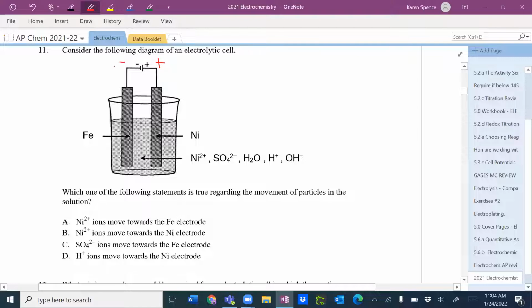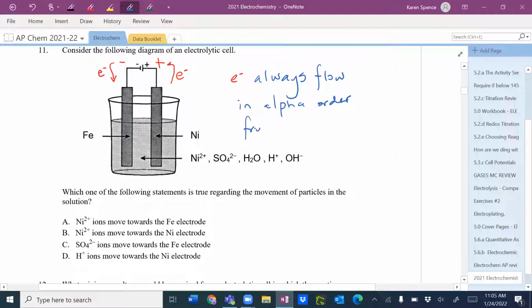Of course, electrons are repelled by negative because they're negative, so they're moving that way and they're attracted to positive. And electrons always flow in alphabetical order from the anode to the cathode. A to C.